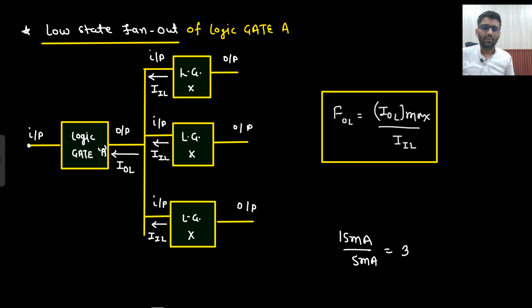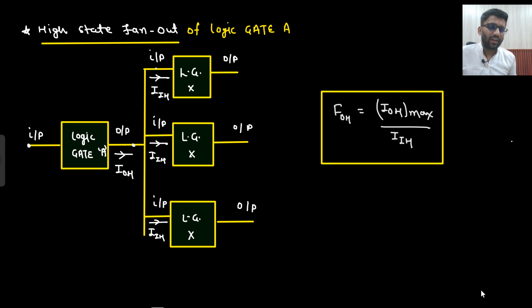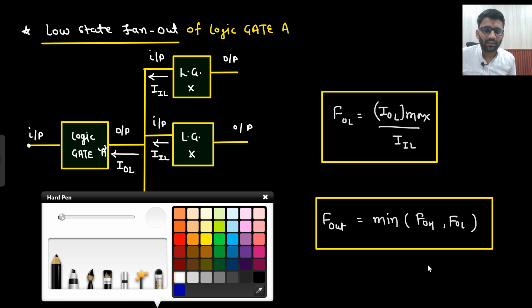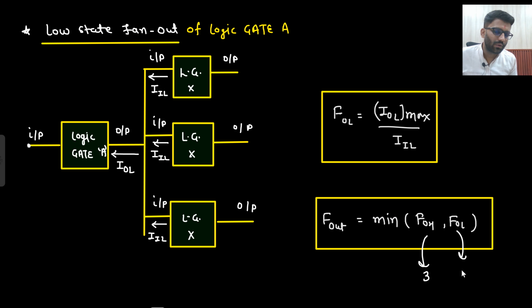So what is my fan out? 3. Now it may happen that fan out low and fan out high can be different. So what will be your final fan out? You will take the minimum. Why minimum? Let's just say this value is 3 and this value is 5.